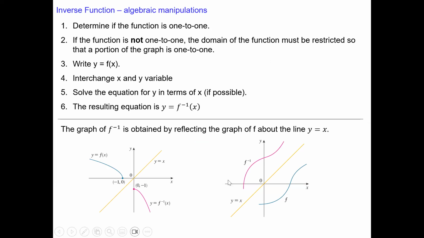Also, an interesting thing: if we put a function and its inverse graph in one xy plane, they will be symmetric with respect to the line y equals x. Of course, we have to be really careful because we're interchanging x and y.